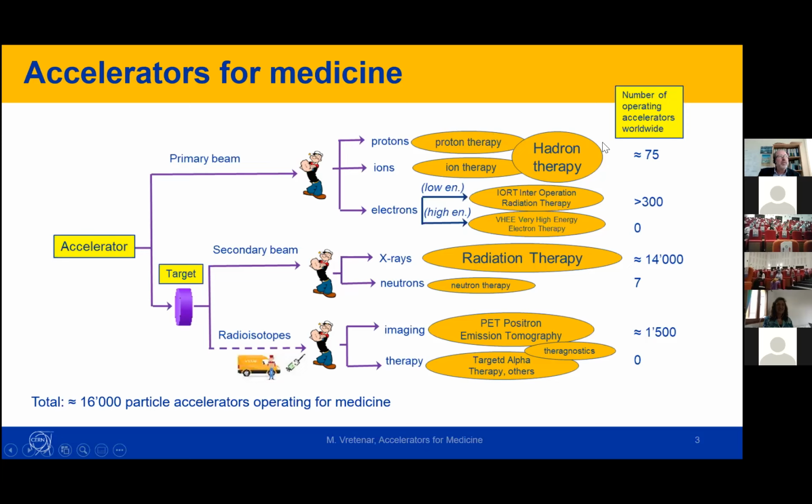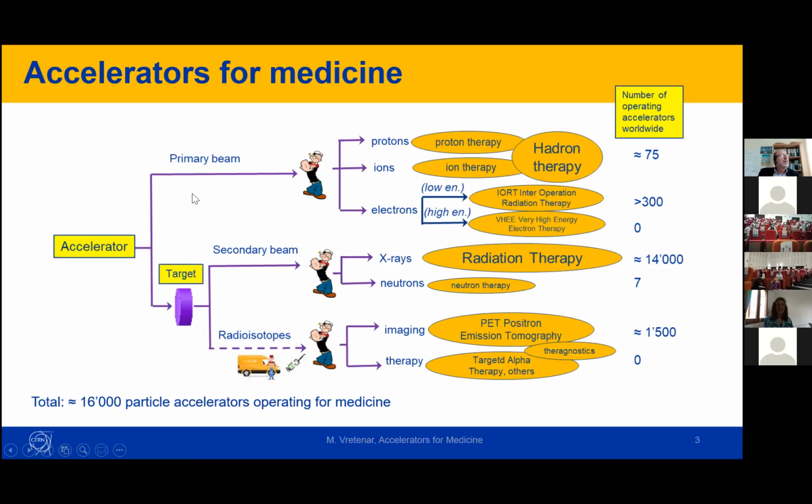Ions, ion therapy, and the 2 are called hadron therapy because protons and ions are hadrons. Then you have electrons. You can send electrons on a patient at low energy or at high energy. We will see the different properties of IORT and VHEE.